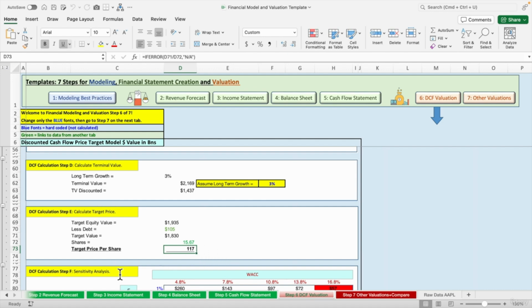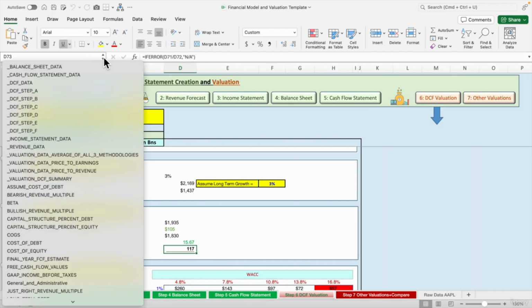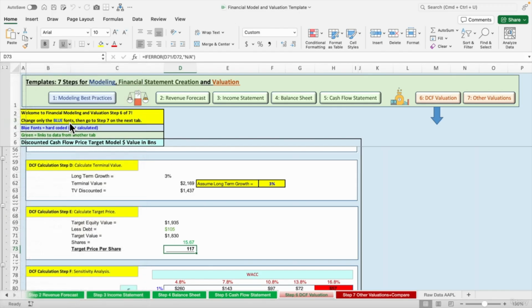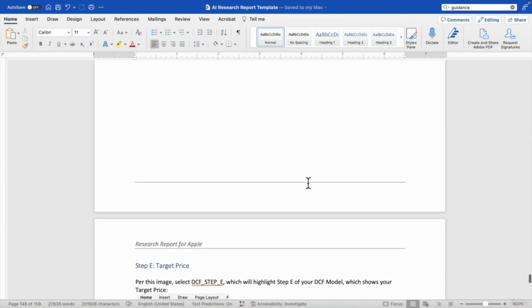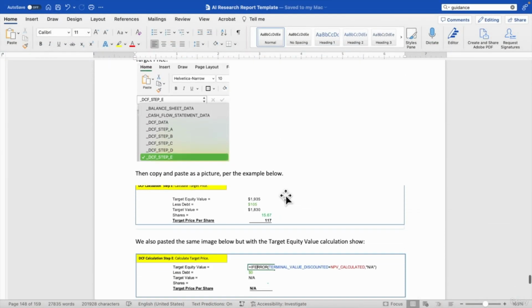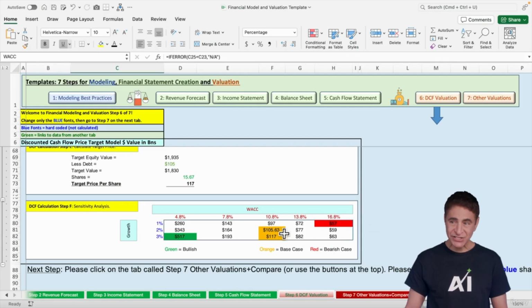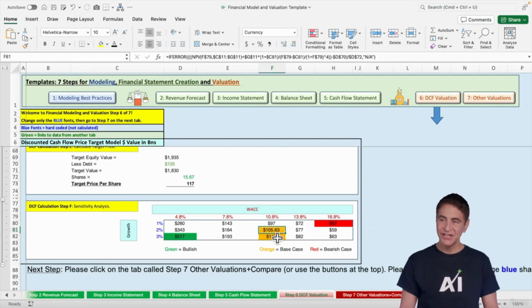And before moving on to step F, we can copy this and add this to our report here. So you just paste it down here. And so our base case valuation here is $117 based on a growth rate of 3% in the long run and a WACC of 10.8%.